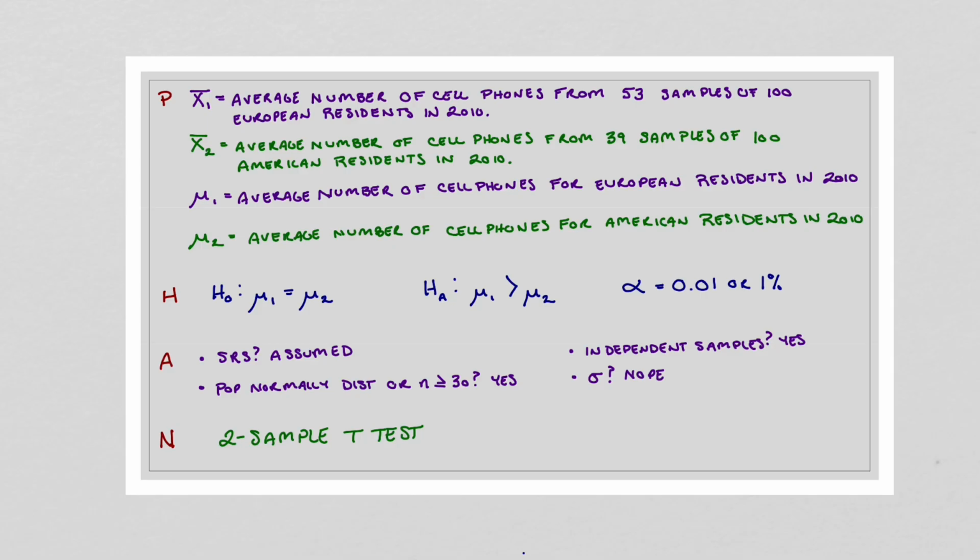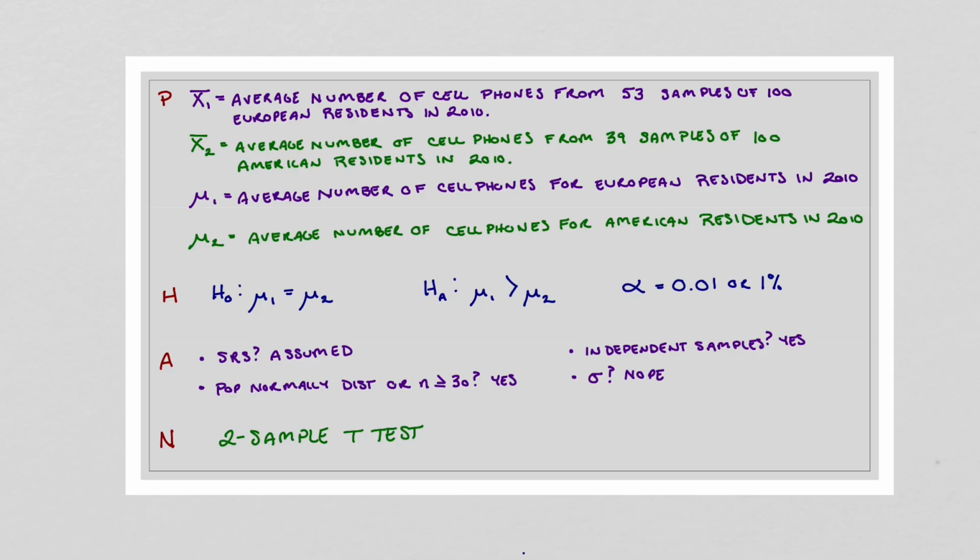And x bar sub 2 is going to be the average number of cell phones from 39 samples of 100 American residents in 2010. Our parameters then will be the average number of cell phones for European residents in 2010 for mu sub 1. If you wanted to, you could say all European residents. And then mu 2 would be the average number of cell phones for American residents in 2010.